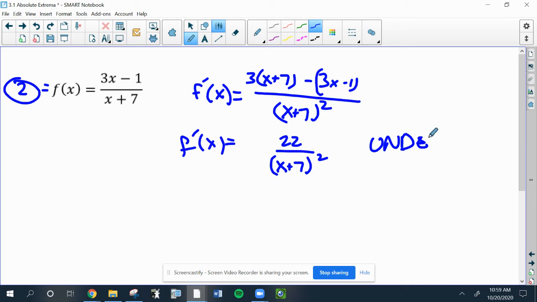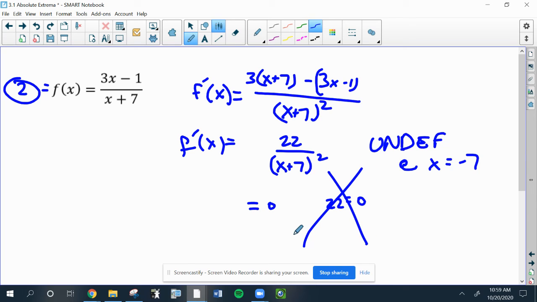So critical numbers are where the derivative is 0 or undefined. I'm going to find that it's undefined at x equals -7. It equals 0 when the top equals 0. But the top doesn't equal 0, so you can ignore that. So the only place that this derivative equals 0 or is undefined is -7. It's undefined at -7.